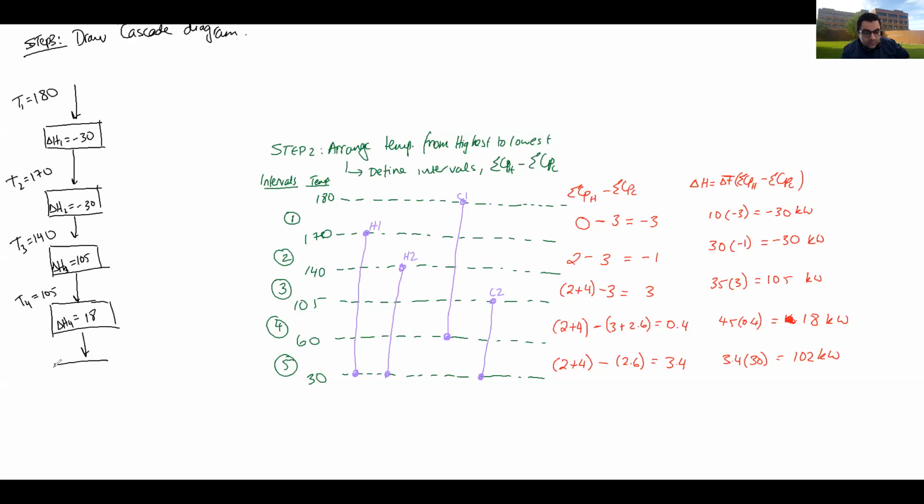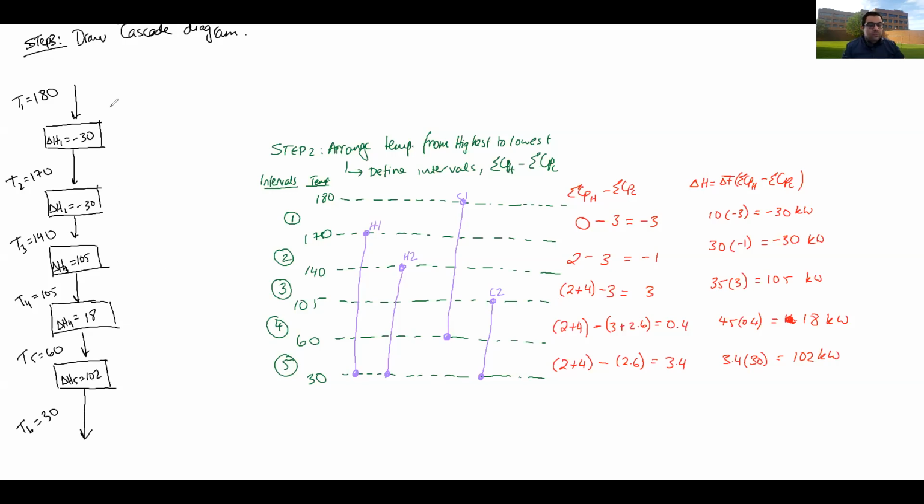And then I have one box here. So this is T5 is equal to 60. And delta H5 is equal to 102, right? And I have my final temperature, which is the last one, T6, is equal to 50. Good, so I just translated this information into this figure.